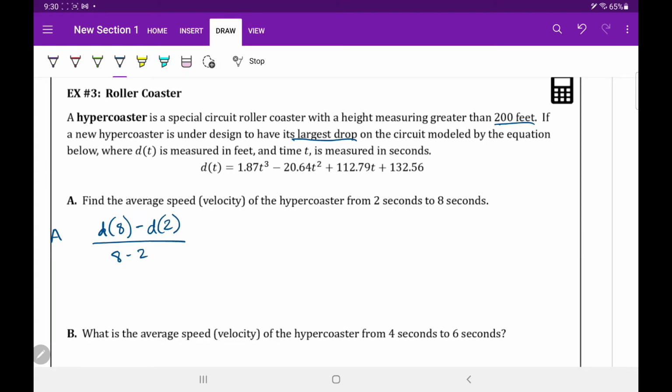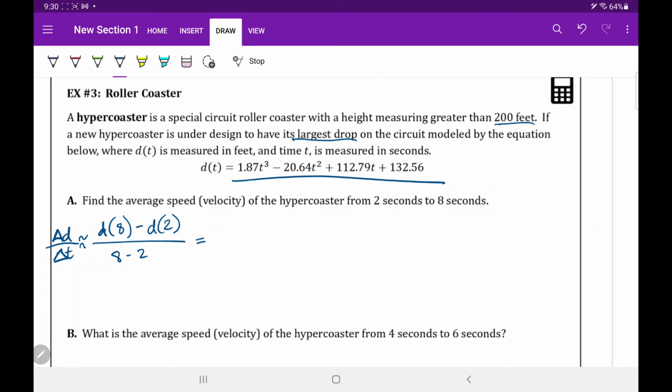I wrote it as an A. Delta d over delta t. D of 8 minus d of 2 over 8 minus 2. Again, you're going to need to put it in your calculator. You can do this entire formula and get the answer.